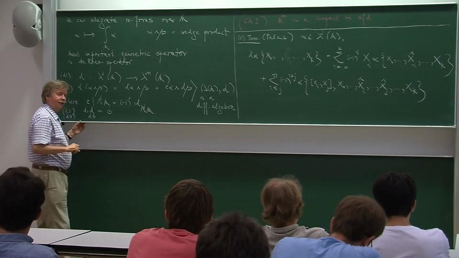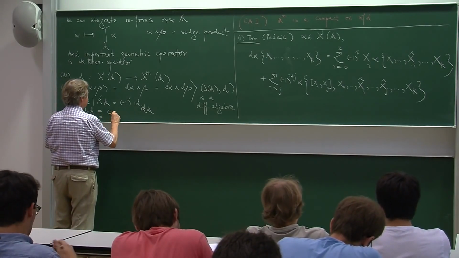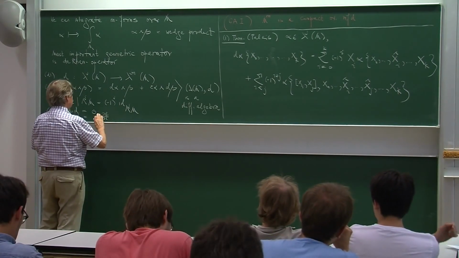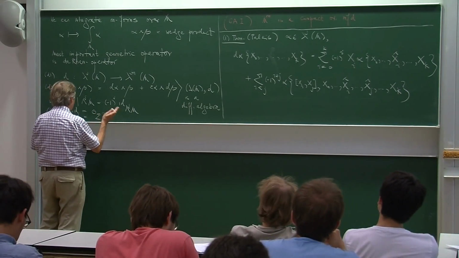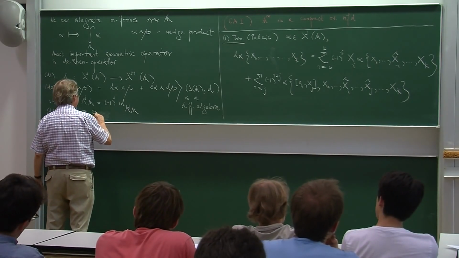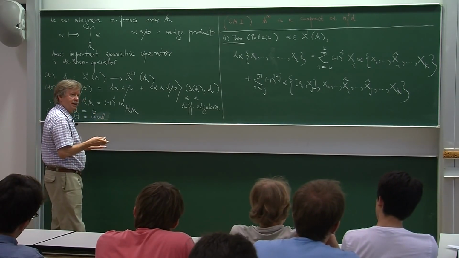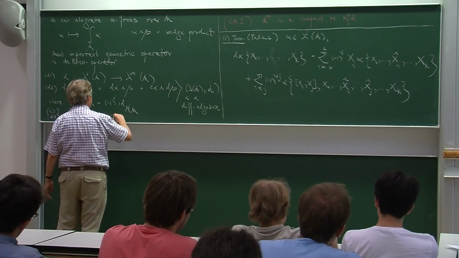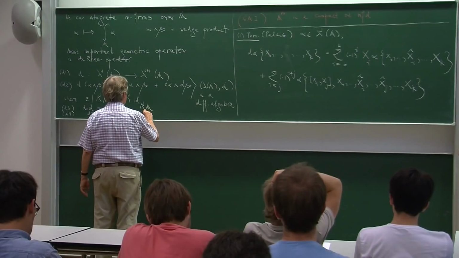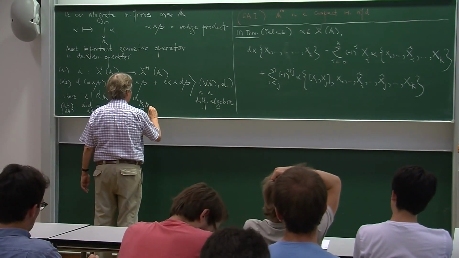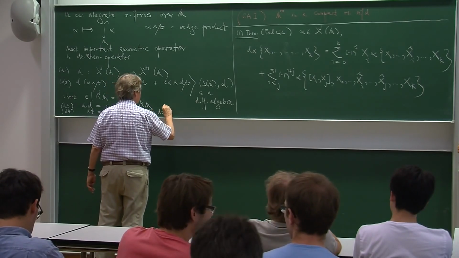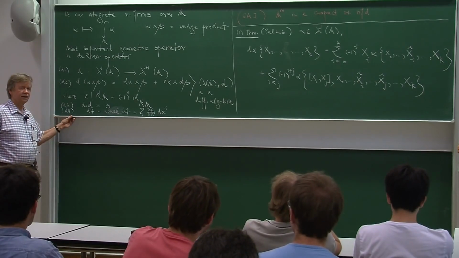We need, so to speak, the induction beginning. df is the usual df, which we define just using TM and T*M, yeah, the usual df, which can be written in this form: df = (∂f/∂x^i) dx^i. So I write the indices upstairs.